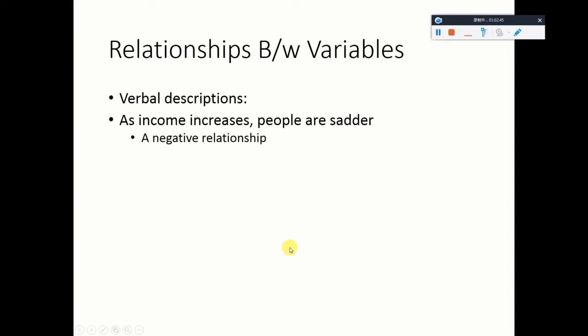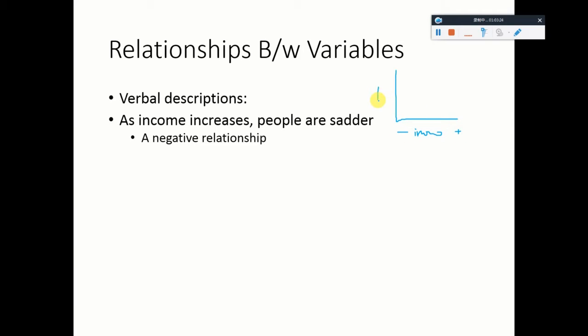So, we'll conclude this lecture on verbal descriptions: how we verbally describe the linear relationships that we just drew. So here we have a first example, right? If we say as income increases, people are sadder, we can say it's income, no money, lots of money.